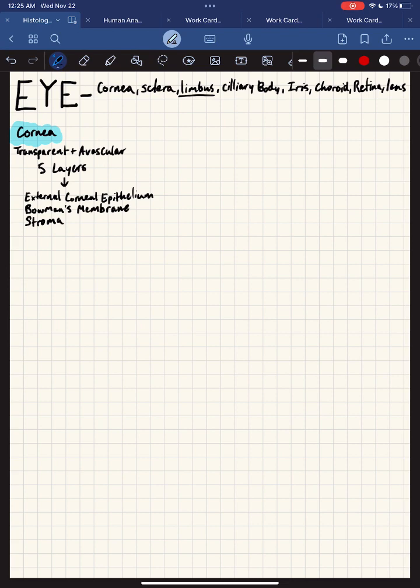Then we've got Descemet's membrane, which sounds like an Egyptian god. I don't know, we'll call Descemet the Egyptian god of Histo. And then at the very inside, you've got the simple squamous endothelium.